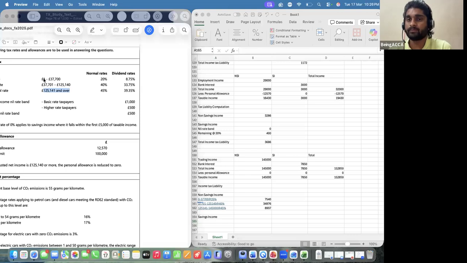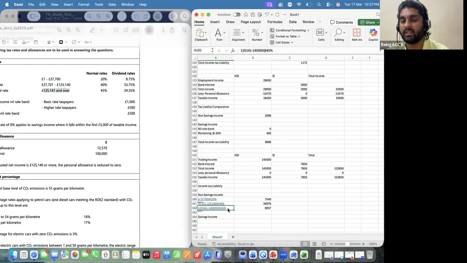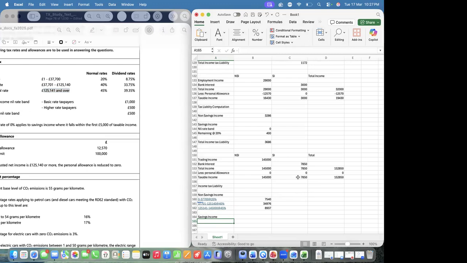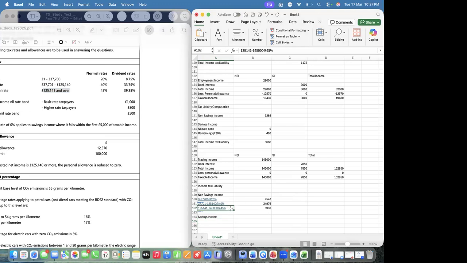If we have moved to 45% for non-savings income, then savings income continues from there and does not start from the beginning. Which is exactly why I wanted to solve this question. We have established that he is an additional rate taxpayer, because he is paying tax at 45% already.